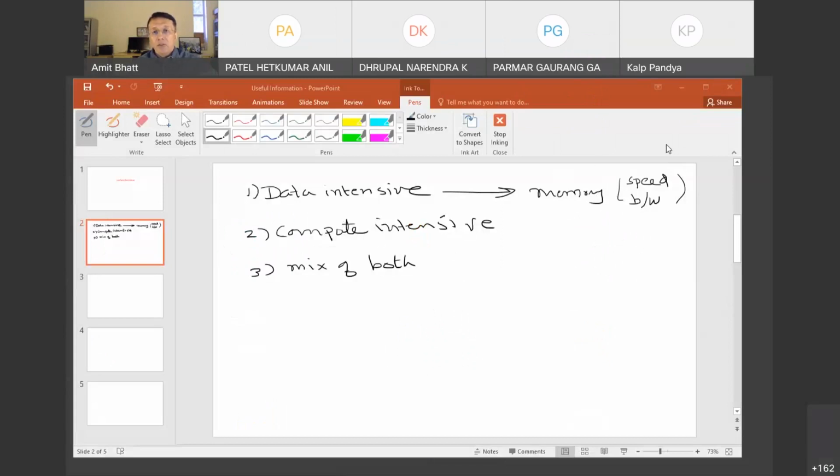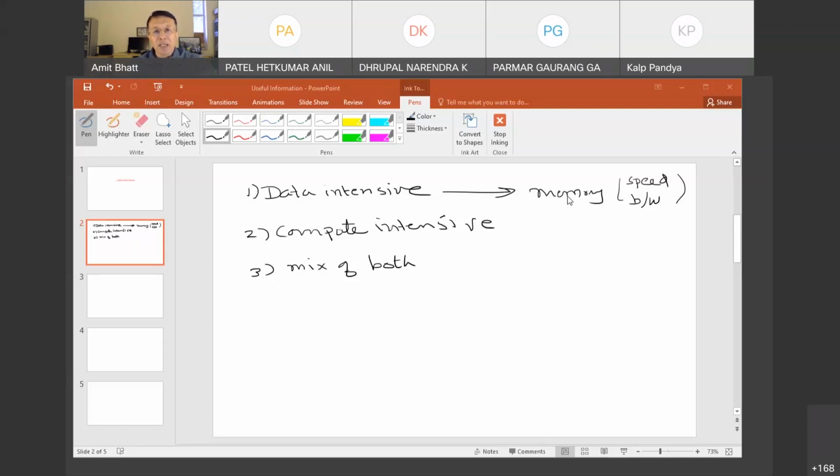Okay, so now in the data intensive task, basically it depends on memory and memory speed and memory bandwidth. If you remember from the examples we were doing just a couple of lectures ago about finding out EMAT, you would have realized that the memory bandwidth also plays a major part.